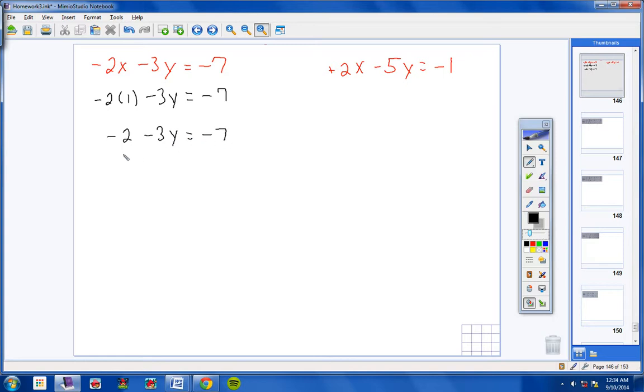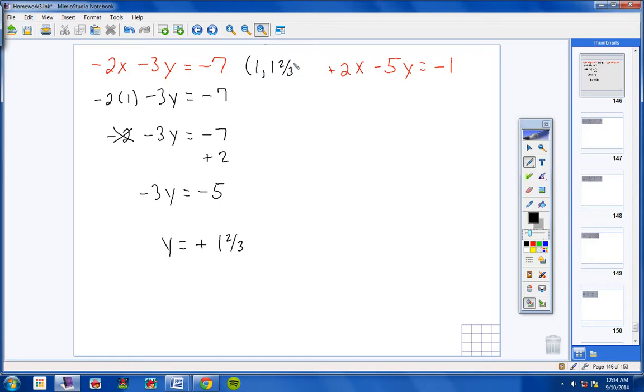Bring your negative 2 over and it becomes a positive 2. So we're left with negative 3y equals negative 5. Now divide both sides by negative 3, and a negative divided by a negative is a positive, and 5 divided by 3 is 1 2/3. So one ordered pair would be 1 comma 1 2/3.